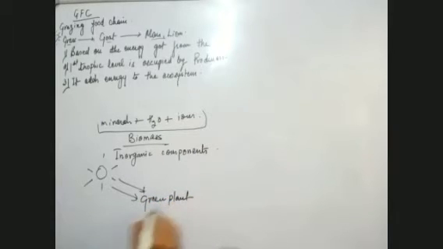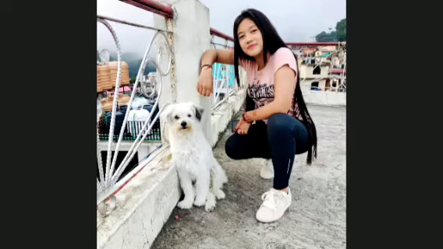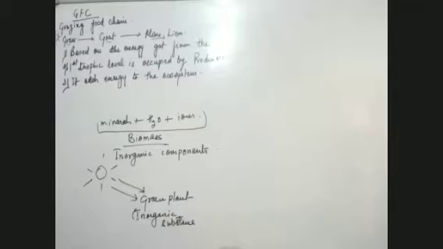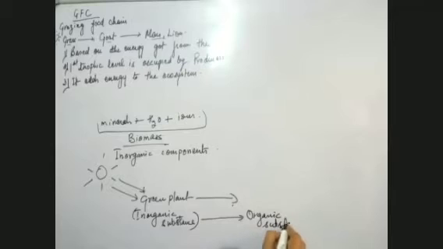So these green plants utilize all the inorganic substances, and by using these inorganic substances, they perform the process of photosynthesis and convert the inorganic substance into organic substance, in the form of glucose, in the form of carbohydrates, etc. That means the green plants convert inorganic substance into organic substance.